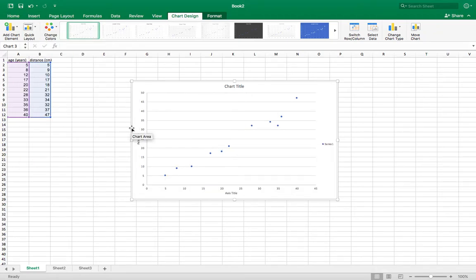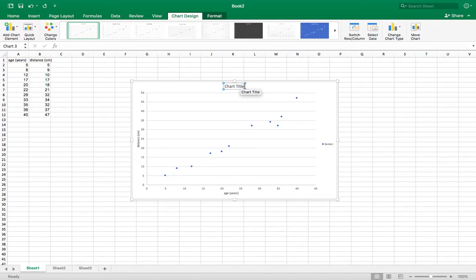You see they've added the axis here. Now I'll pick this axis and erase it. Since this is my y-axis, it's diameter in centimeters, so make sure you enter the units as well in brackets. And then for the x-axis, I'm going to change it to age in years.